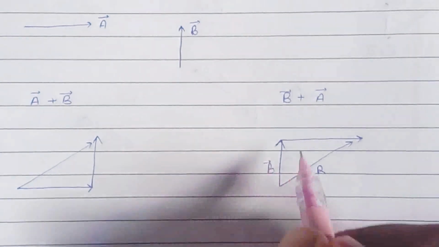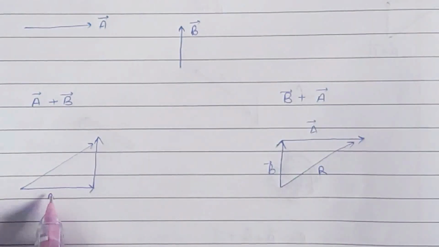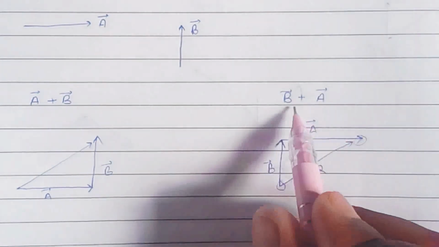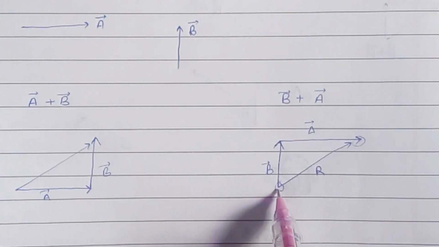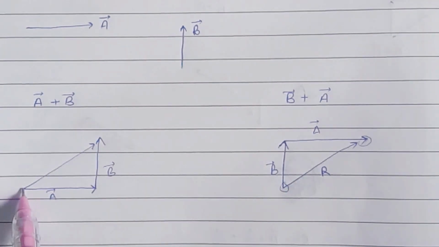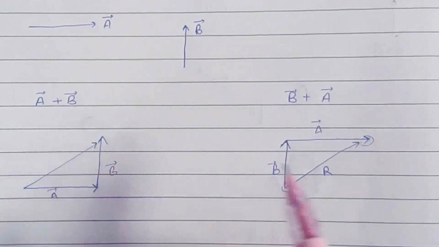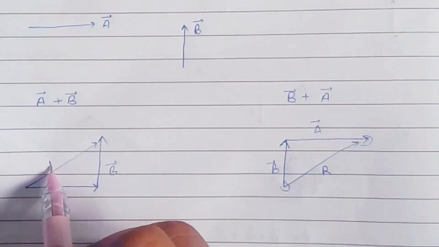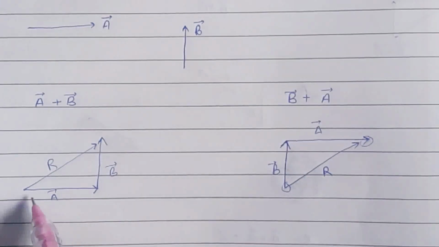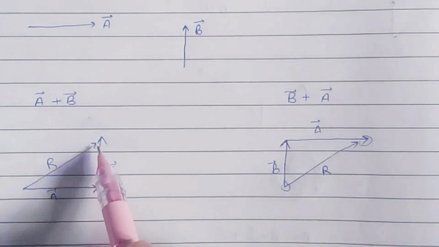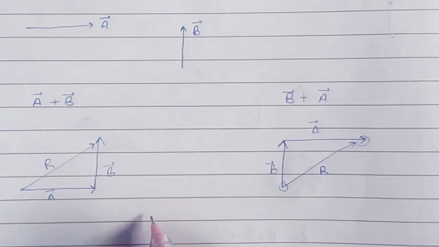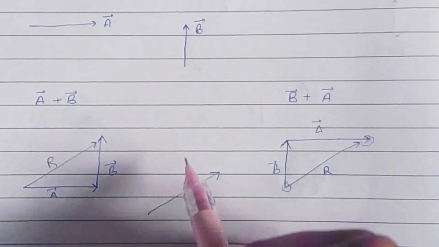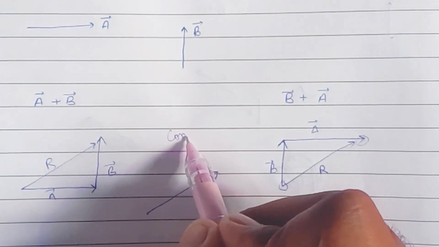Because we are connecting initial point to final point. In one question, initial point is by a vector, final point is by b vector, and in the other, initial point is by b vector, final point is by a vector. So resultant vector will be like this. In both the questions, you can see that magnitude and direction of the resultant vector will be the same. So this property of vector is known as commutative property.